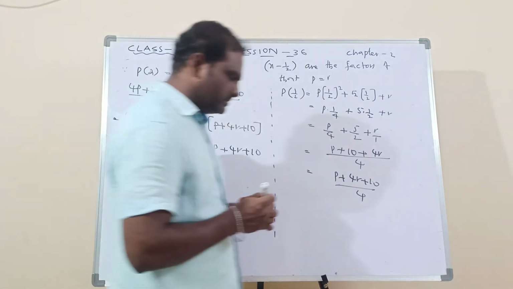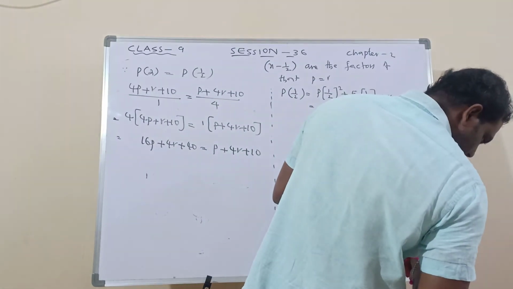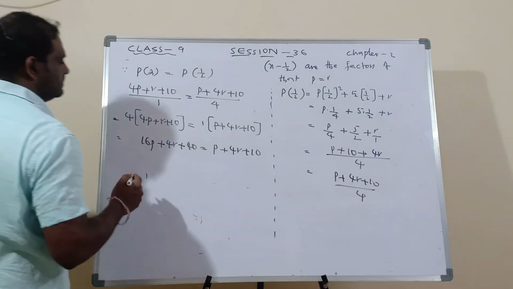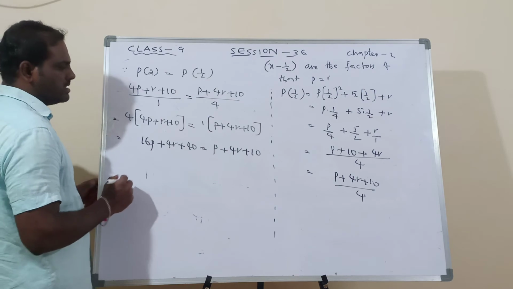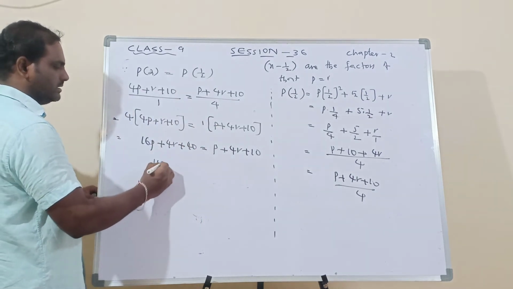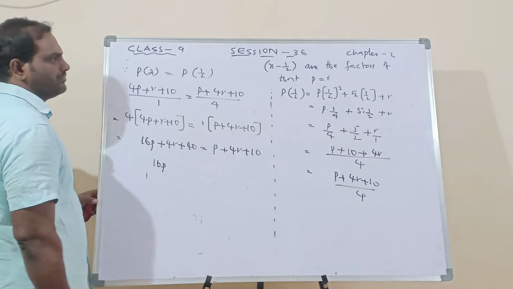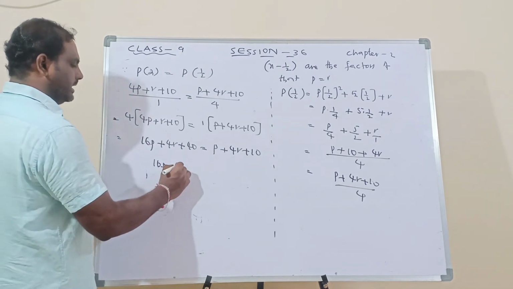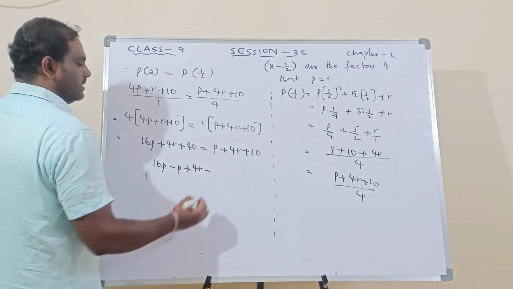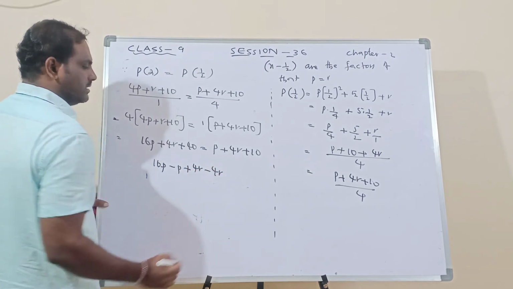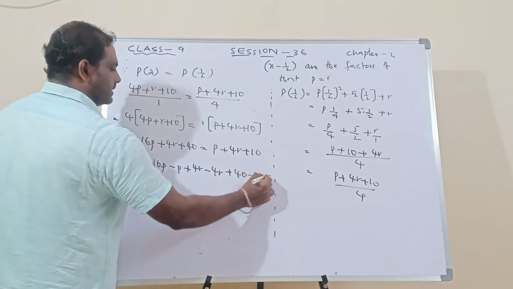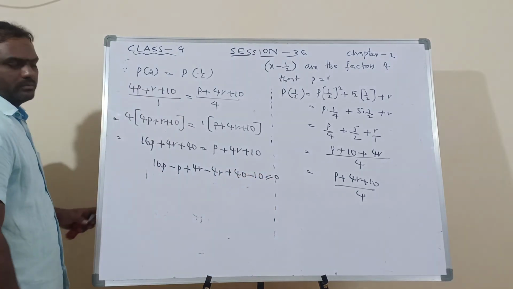Next, transform all these terms to this side. What will we get? 16p minus p, plus 4r minus 4r, plus 40 minus 10 is equal to 0.